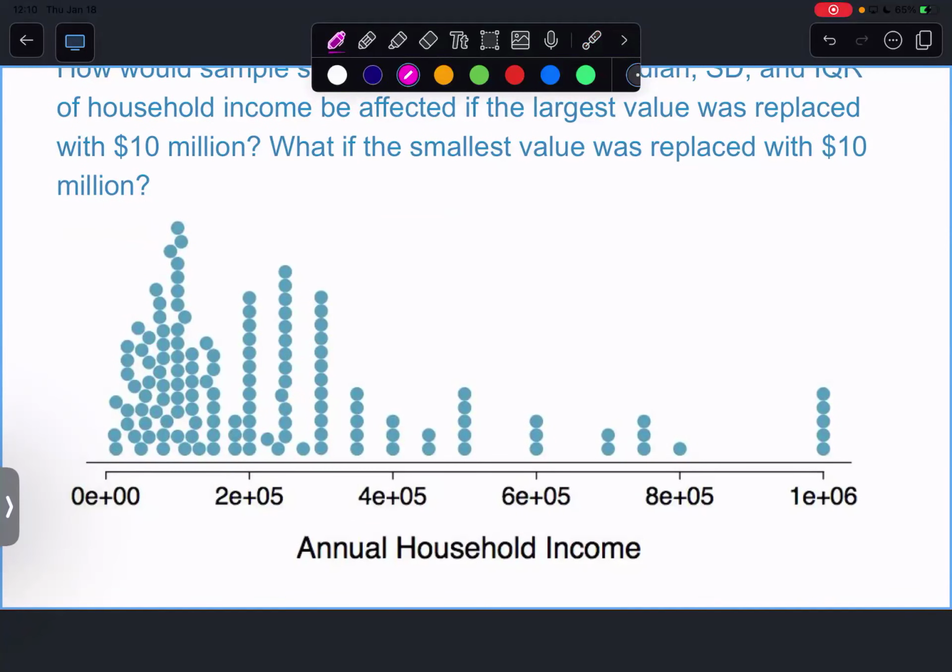And so here, the mean is pulled in the direction of the outliers, potentially more than one.